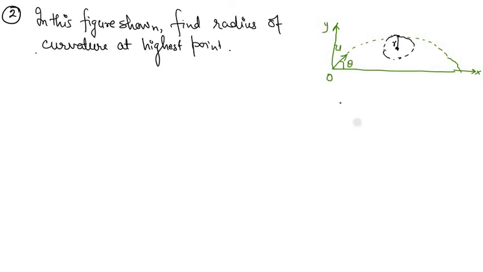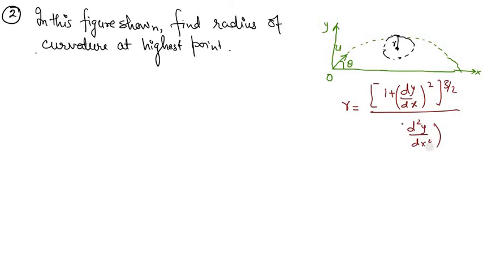From our knowledge of radius of curvature that I have defined in circular motion, your radius of curvature turns out to be (1 + (dy/dx)^2)^(3/2) divided by d²y/dx². You know y in terms of x, and you substitute in this for the highest point, and you will get the radius of curvature.